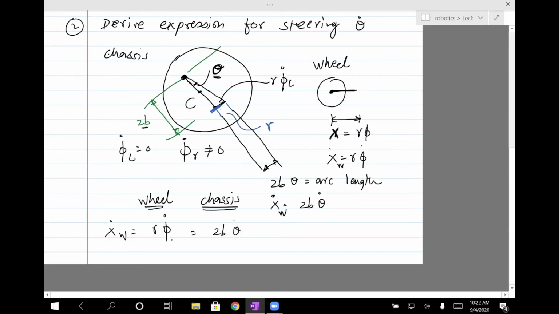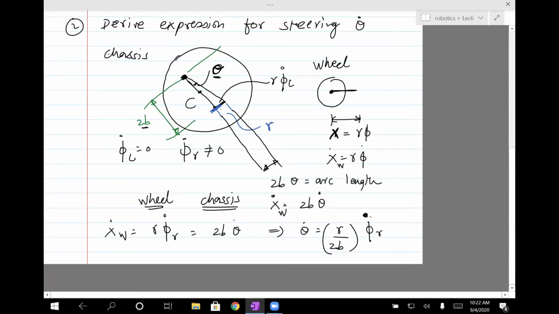And then if you equate the two, we get theta dot equals r divided by 2b times phi dot r. Let me not underline that because there are more arguments.